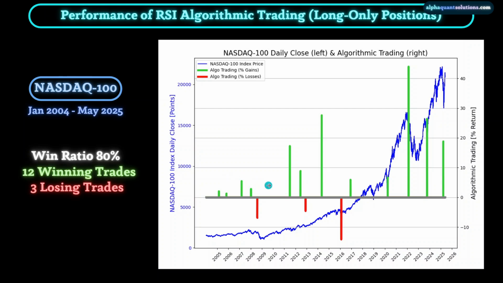What I also forgot to mention is how we compute these percentage gains and losses. Basically, when we get the trade entry signal, we just buy the index ETF without leverage. And when we get the exit trading signal, we sell the index.